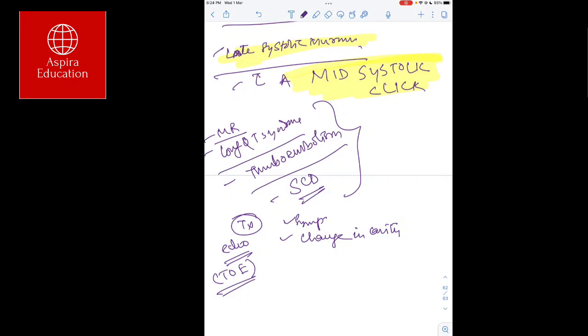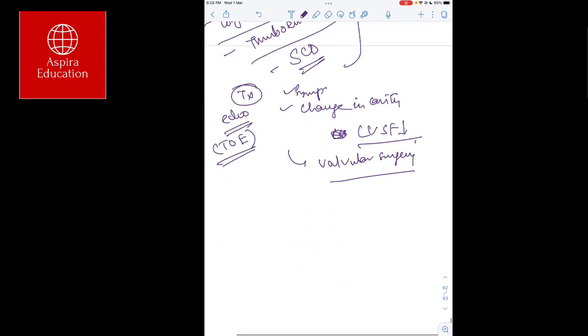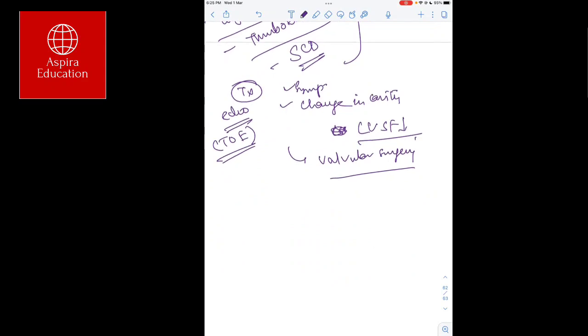If the patient is symptomatic or LV systolic ejection fraction is low, we can go for valvular surgery. Whether we go for valve repair or valve replacement depends on a number of features, the discretion of the cardiac surgeon, and the features we find on transesophageal or transthoracic echo. Therefore, you are not going to get these questions in your examination.